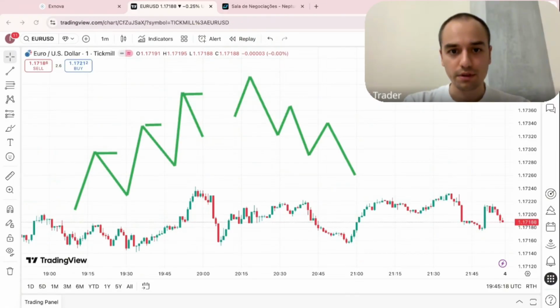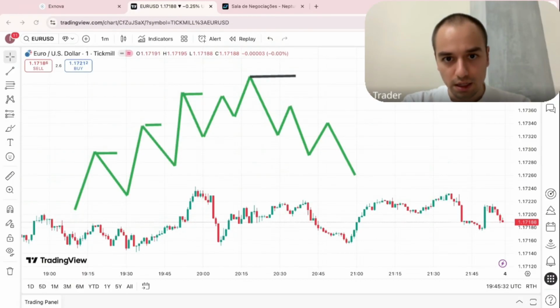So for example, if we have here repeating higher highs and higher lows, then eventually we have a low which has been broken.